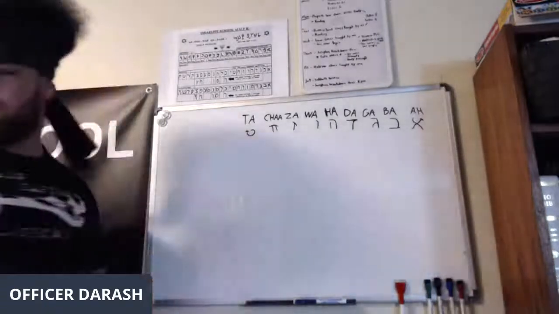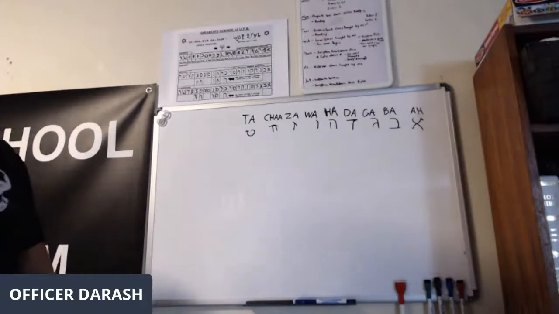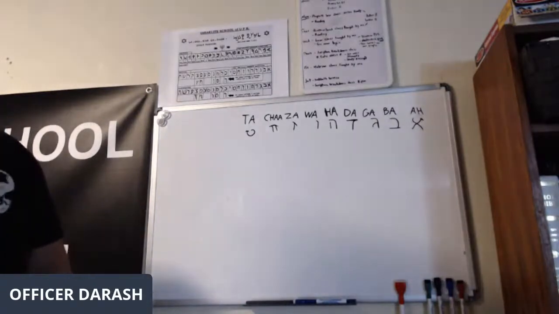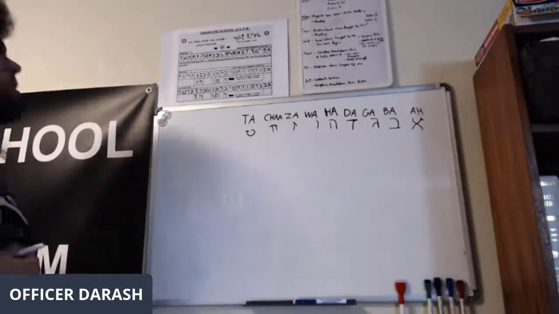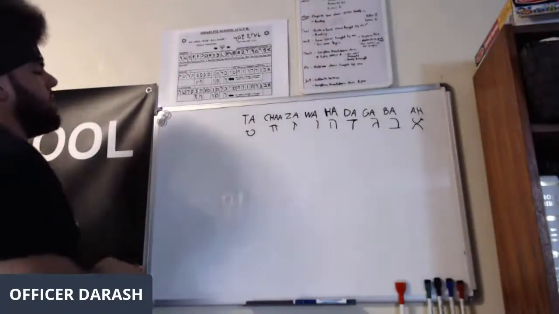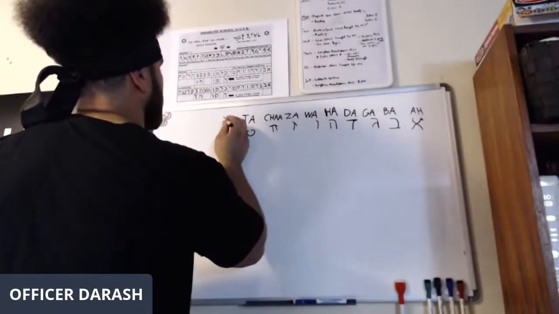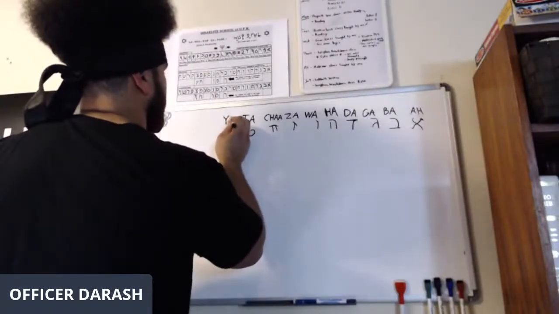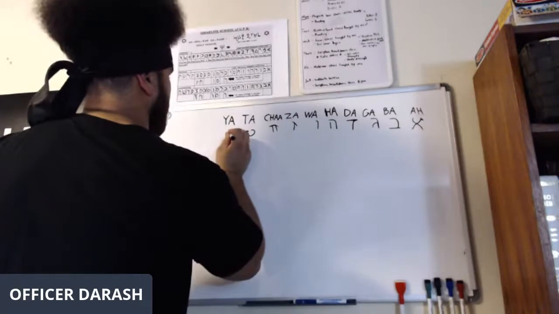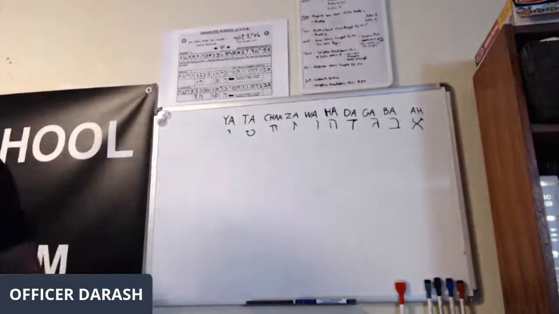That's the ta. All right. Next will be Yah. Their Yah looks like this. What we call the Yad. Theirs looks like this. It's a little hook or whatever you call that.